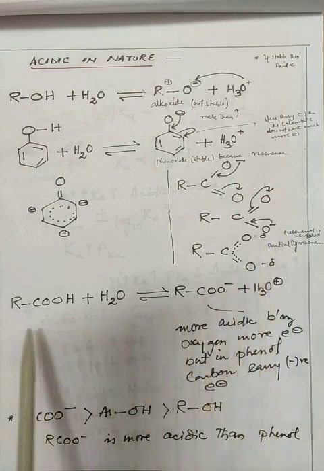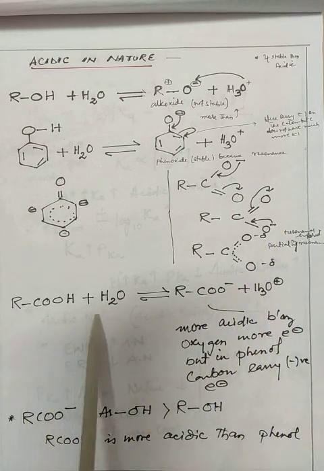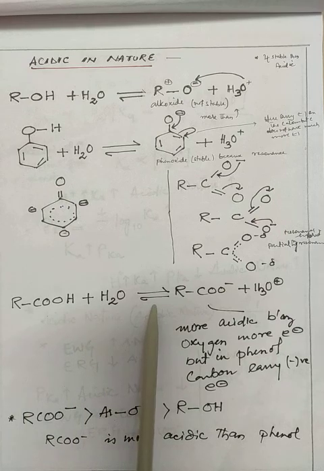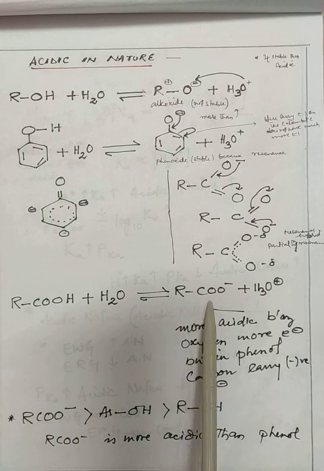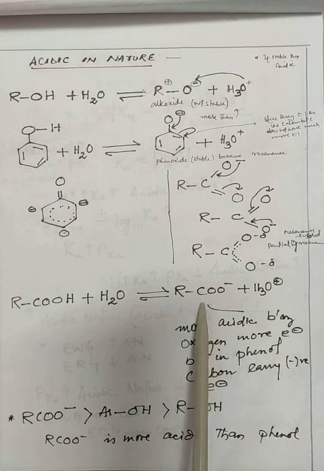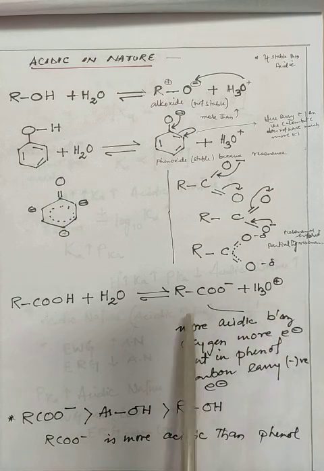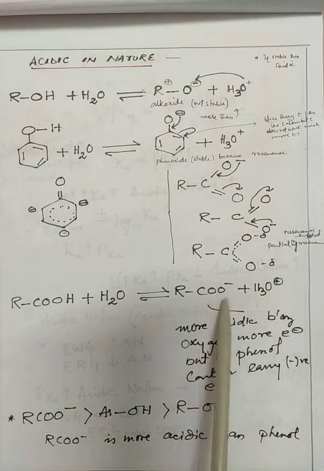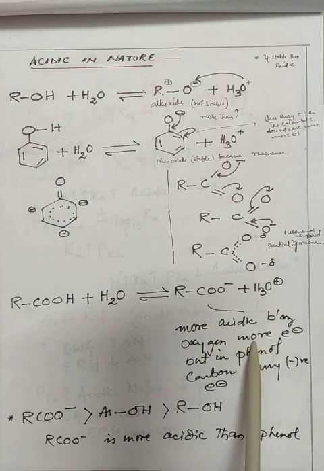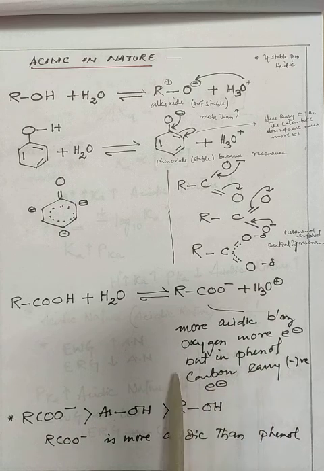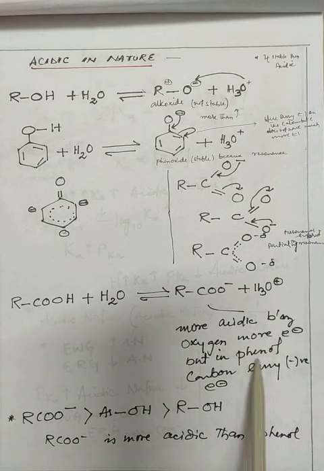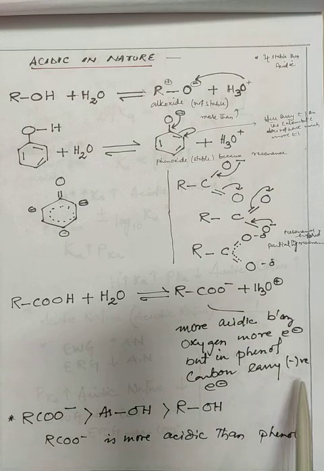Now this carboxylic acid reacts with water, and the reaction is reversible. So this one is a carboxylate, along with a hydronium ion. This carboxylate is more stable because the oxygen atoms carry more electrons, but in phenol the carbon carries the negative charge.